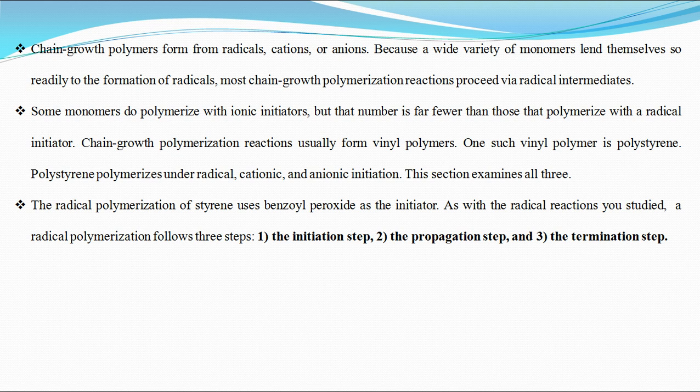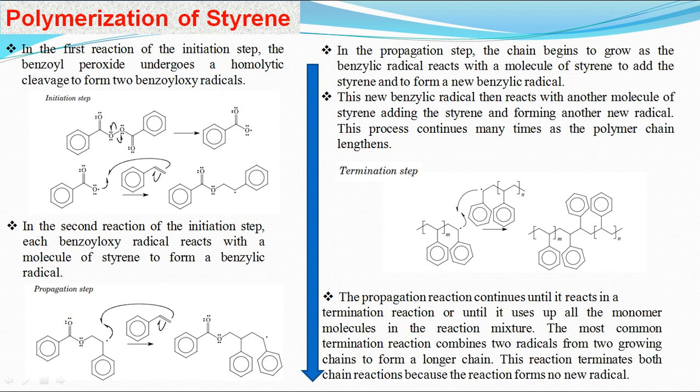The radical polymerization of styrene uses benzoyl peroxide as the initiator. As with the radical reactions you studied earlier, there are three steps: initiation, propagation, and termination. The first reaction is the chain initiation step, where benzoyl peroxide undergoes homolytic cleavage to form two benzoyloxy radicals. In the second step, the radical combines with the styrene monomer and produces a radical monomer complex.